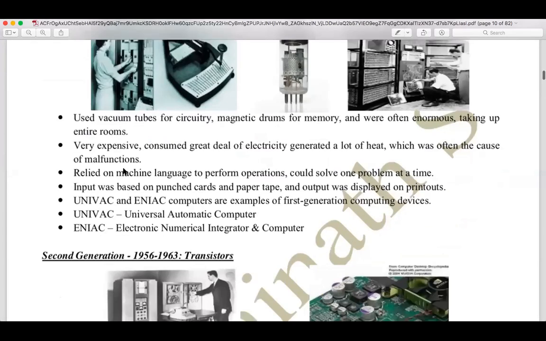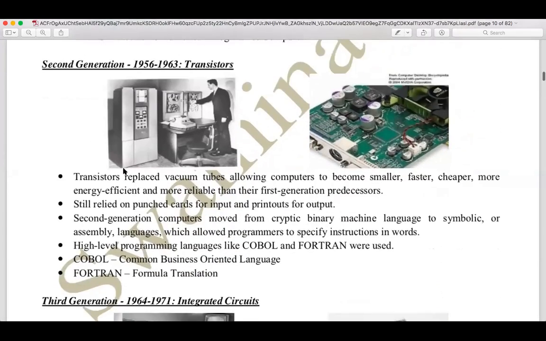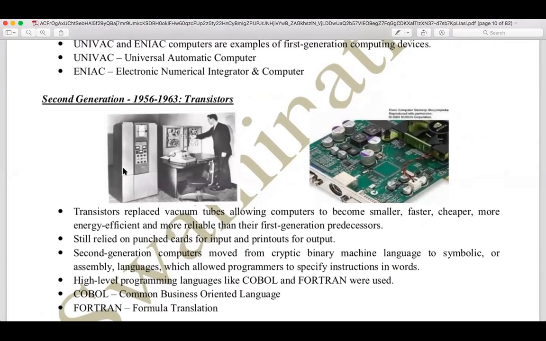Then in the next part, we have second generation computers, which include the transistor. Again, I take it similar to that, and the examples are also given here.